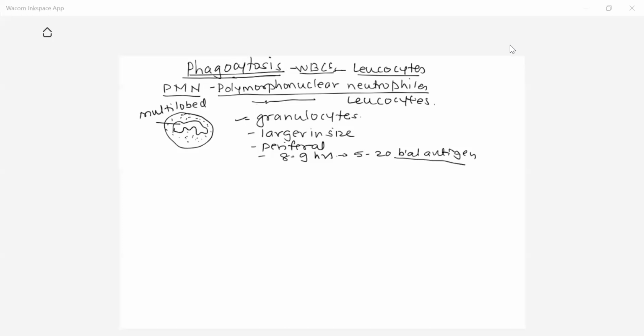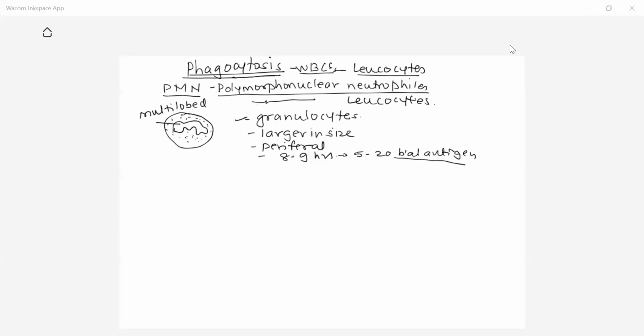So that is the property of the polymorphonuclear neutrophil, which is the major cell in the circulating blood, and which is helpful for ingesting any foreign antigen, especially bacterial antigen, in the blood. It clears the bacterial antigen. As I told, this consists of a multi-lobed nucleus.